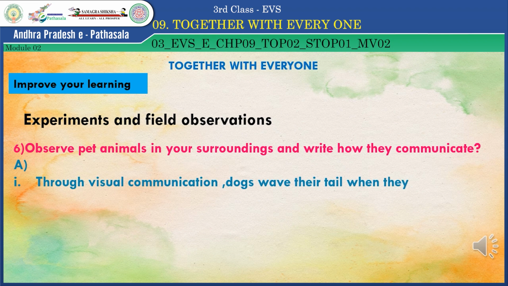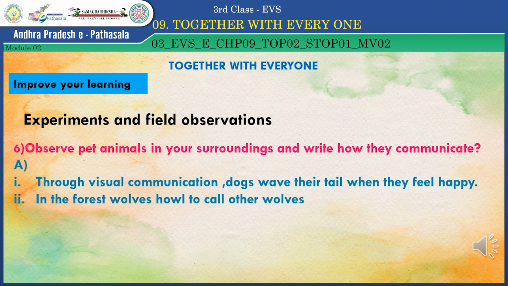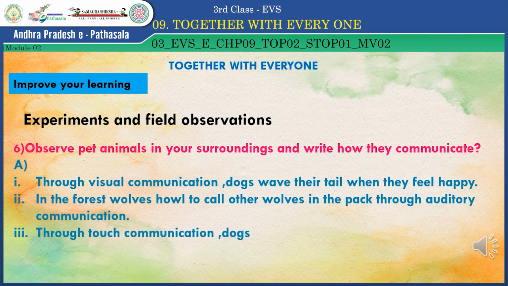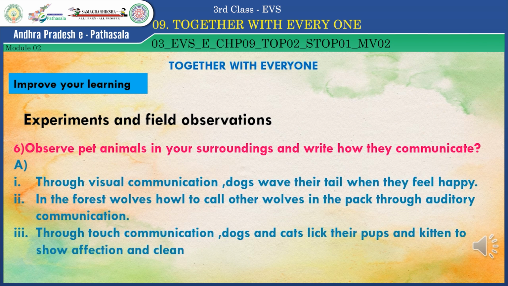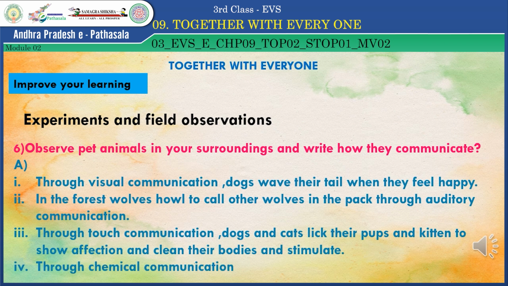In the forest, wolves howl to call other wolves in the pack through auditory communication. Through touch communication, dogs and cats lick their pups and kittens to show affection, clean their bodies and stimulate them. Through chemical communication, cats rub against objects to mark their scent.